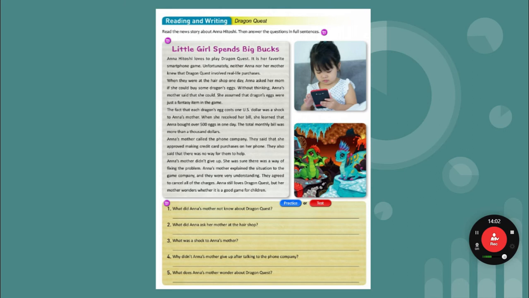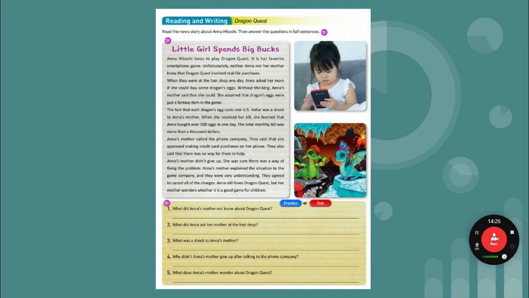She assumed dragon's eggs were just a fantasy item in the game. The fact that each dragon's egg cost $1 was a shock to Anna's mother. She received her bill. She learned that Anna bought over 500 eggs in one day. The total monthly bill was more than $1,000.